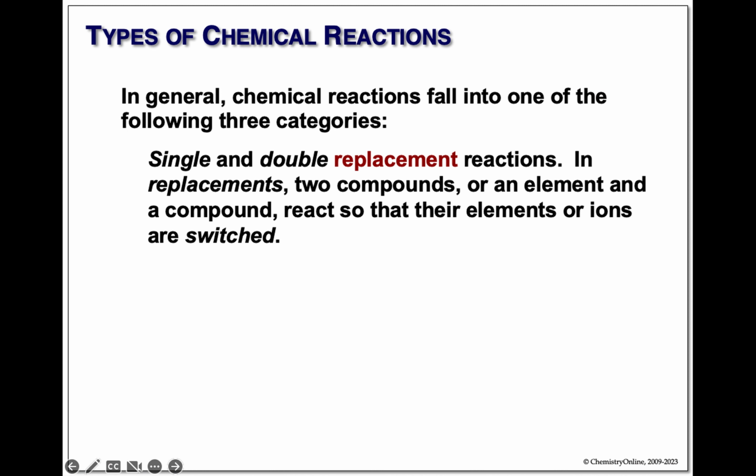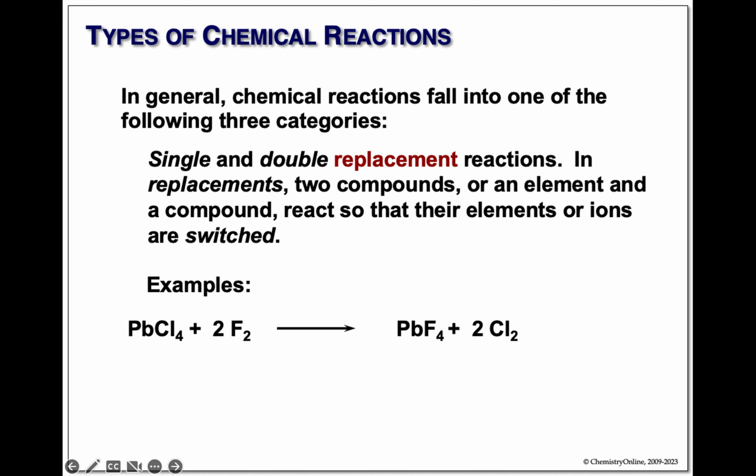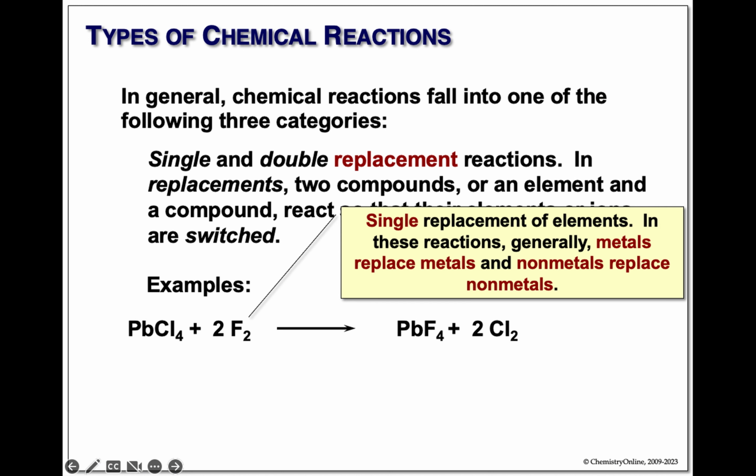Replacement reactions, they come in two forms, single replacement and double replacement. In a replacement, two compounds or an element and a compound react so that the atoms are switched. All right, that doesn't make much sense. Let's look at an example. Here we have an element and a compound.